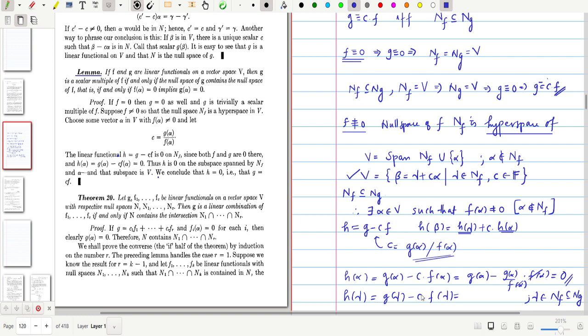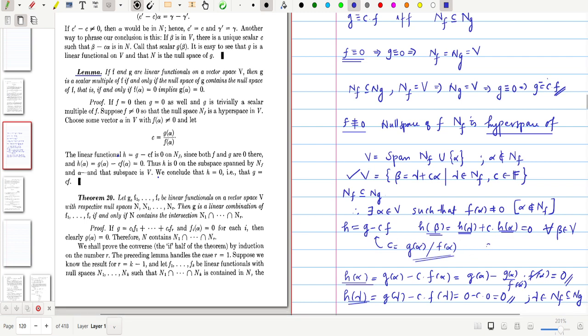G gamma is also 0 because NF is contained in NG. So this is 0 minus C times 0, that is equal to 0. So h of alpha equal to 0 and h of gamma equal to 0 for all gamma. Therefore, h of beta equal to 0 for all beta belongs to V, which shows that h is a 0 functional. Consequently, G minus Cf is identically equal to 0.